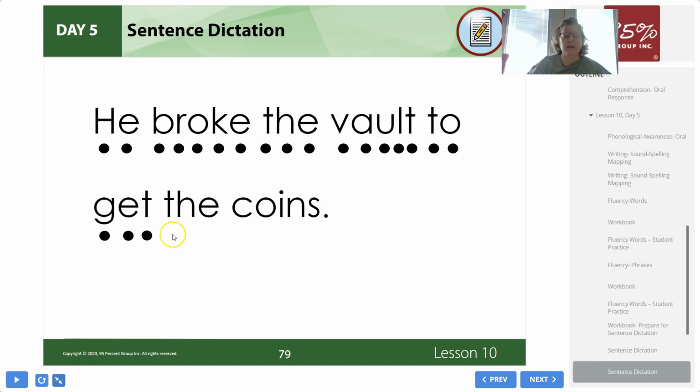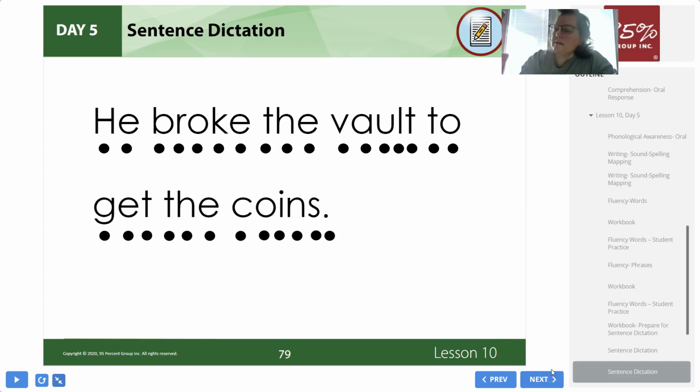G-E-T, space, T-H-E, space, C-O-I-N-S, period. He broke the vault to get the coins.